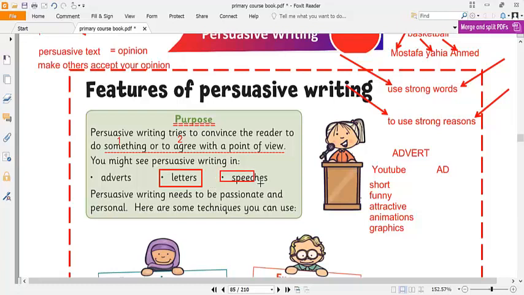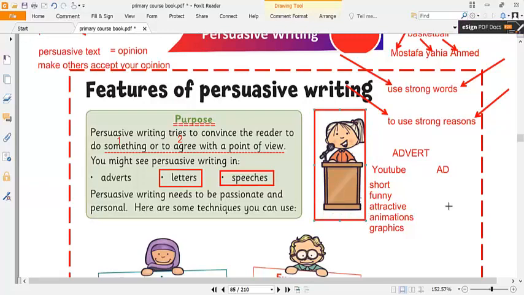Also, the third type of persuasive writing is speech. What is speech? Speech is like this picture. You see, somebody is standing on a desk looking at a group of people, talking on the microphone. This is a speech. So he is talking to people to persuade them with an idea.